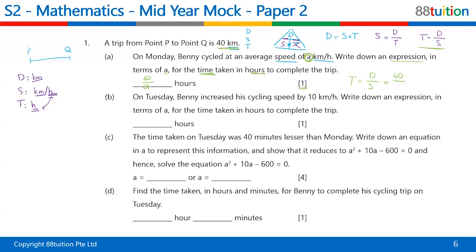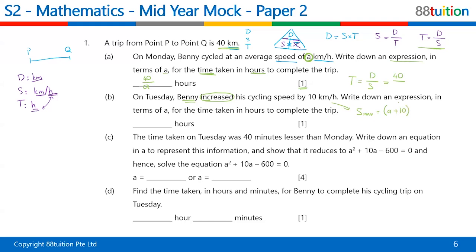Next part: on Tuesday, Benny increased his cycling speed by 10 kilometers per hour. So the new speed must be the original one plus 10, so I have A plus 10 here.